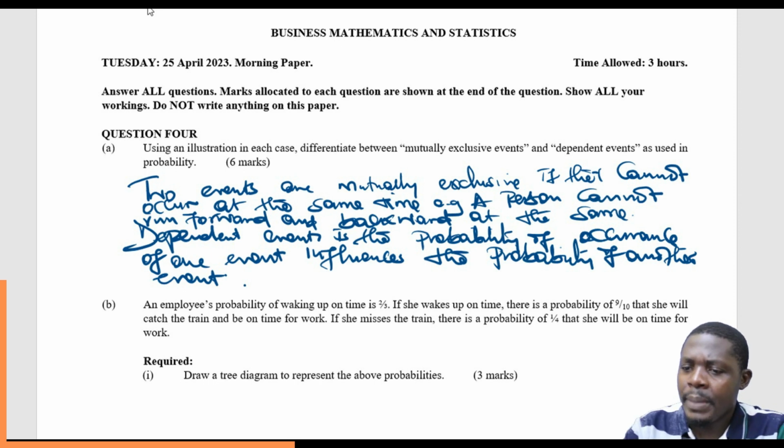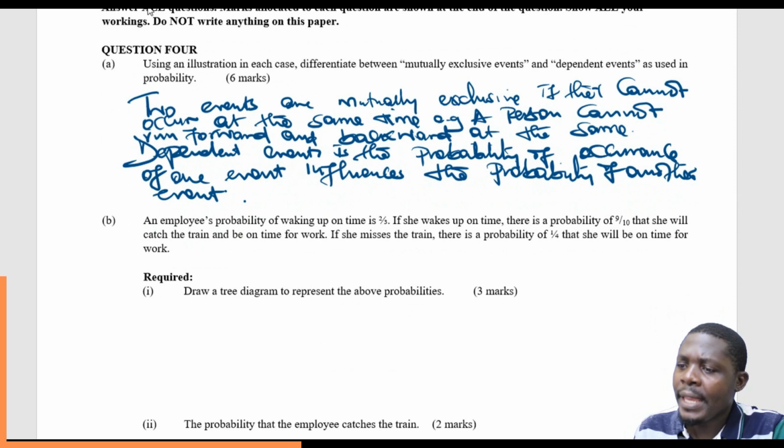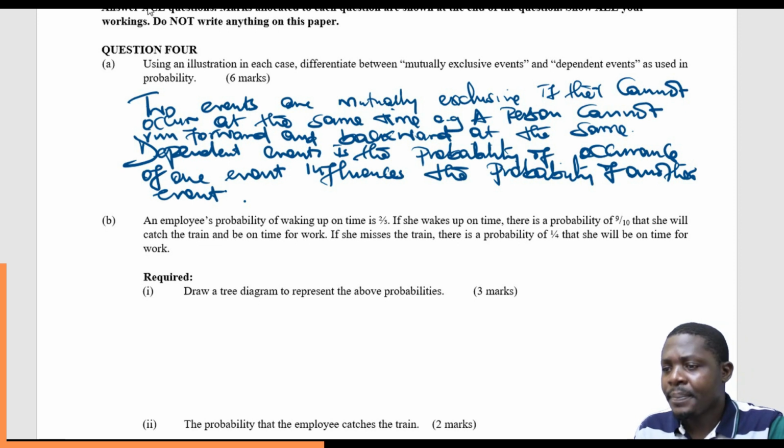Then we look at part B. An employee's probability of waking up on time is 2/3. If she wakes up on time, there is the probability of 9/10 that she will catch the train and be on time for work. If she misses the train, there is the probability of 1/4 that she will be on time for work.